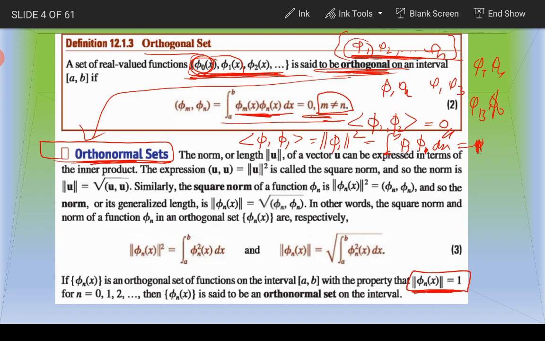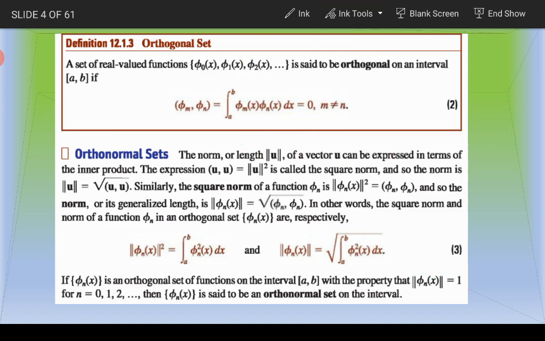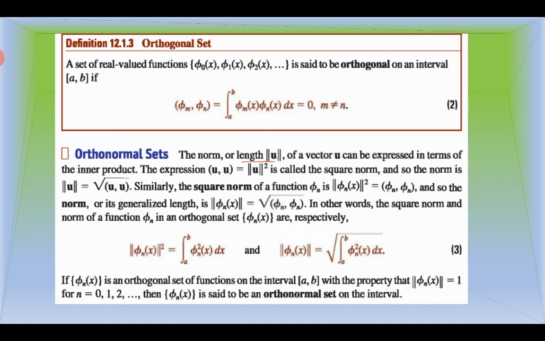That's what I explained here in this PowerPoint. The norm. What is the norm? All this you know already in calculus 3. You might have studied the norm of a function, finding the norm. Here the norm of phi n of x is the inner product of phi n with itself.